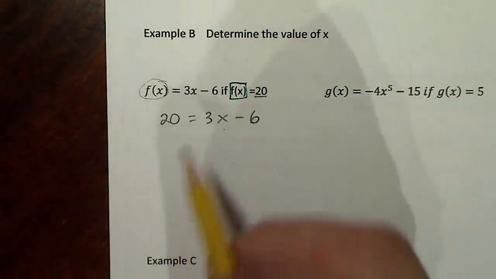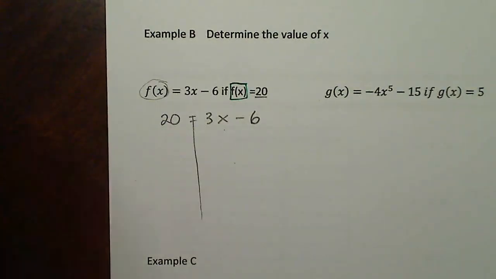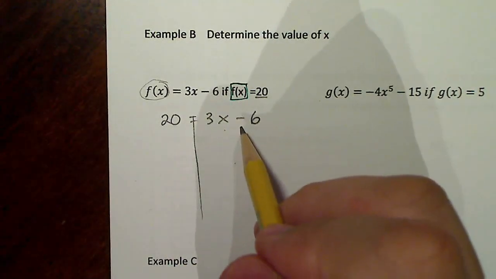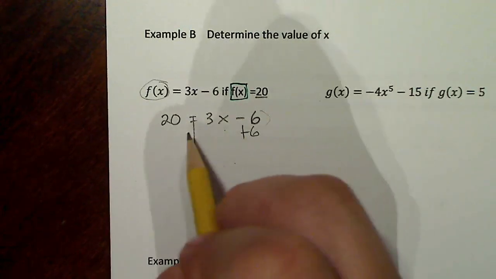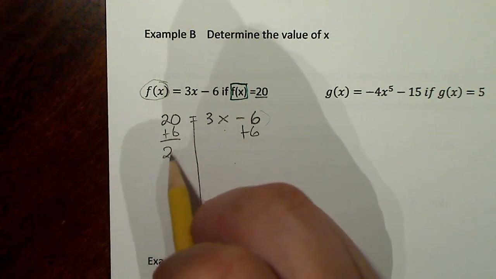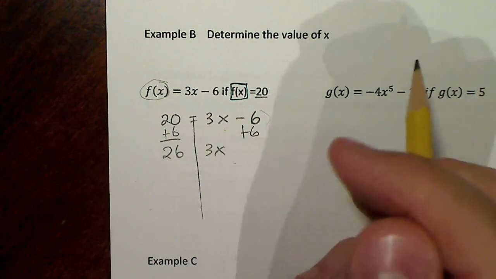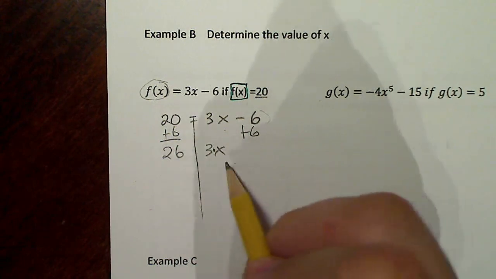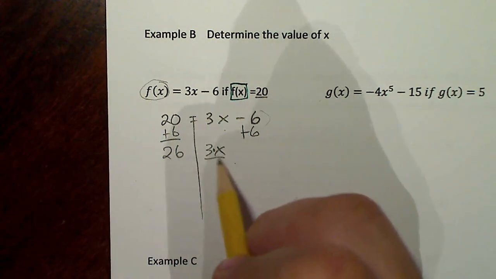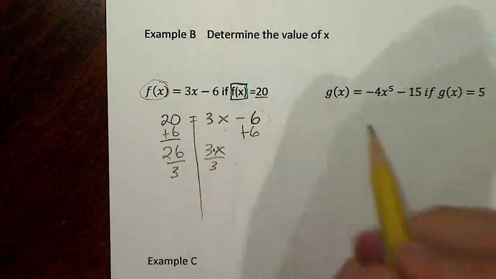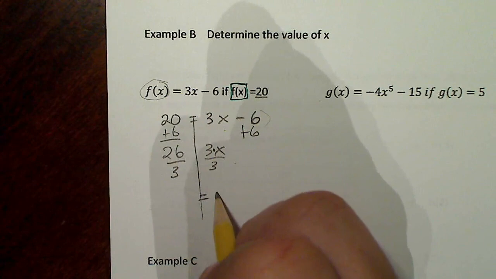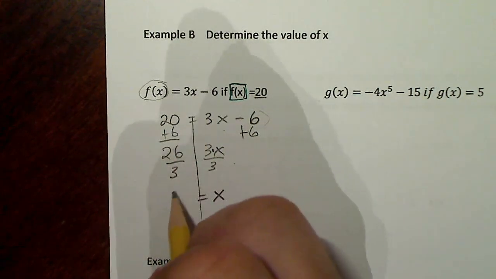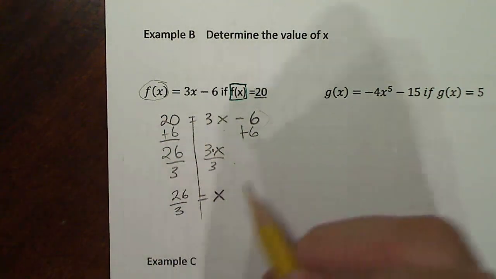Okay. Once you have it set up, now we're going to solve for x. We'll use inverse operations again. That basically means I'm going to start with my subtraction value and add it to both sides to undo it. This is 3 times x. And again, to undo 3 times x, I'm going to divide by 3. If I do 26 over 3, that's going to give me a pretty interesting decimal.